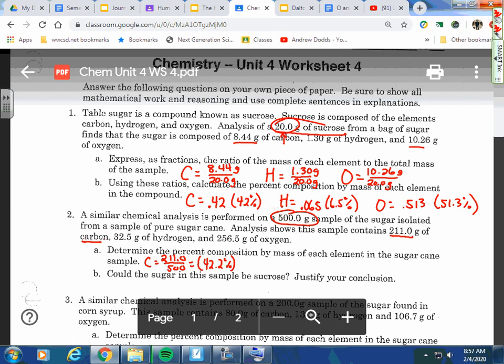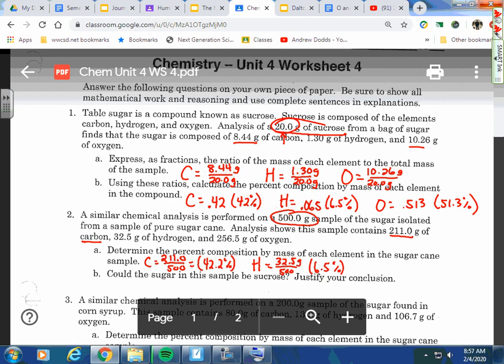All right, we're going to go to hydrogen. And it's 32.5 grams divided by 500. Which comes out to be 0.065. Again, move the decimal 2 to the right. And I get 6.5%.